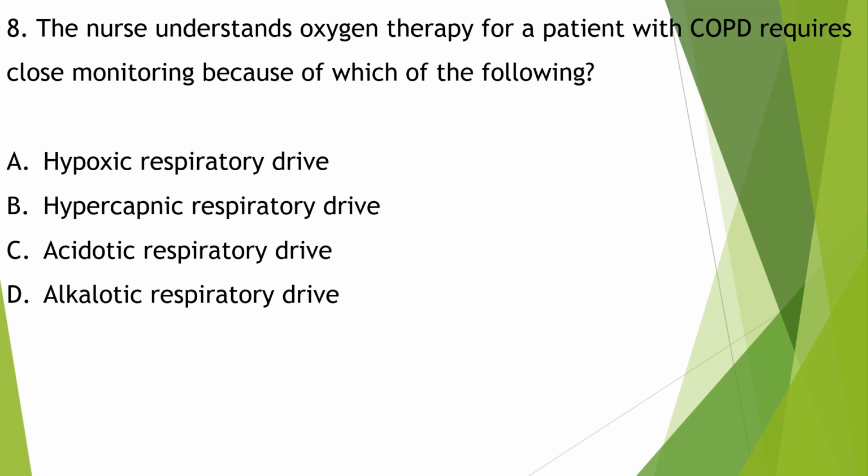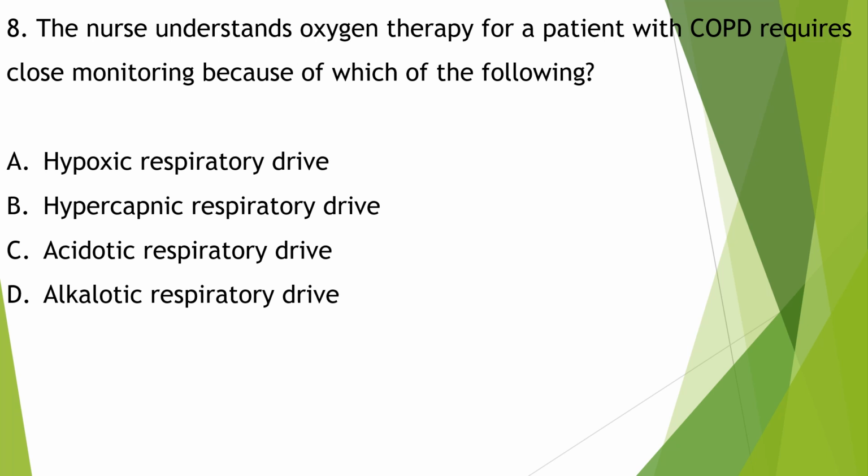But in a patient with COPD, the body's chemoreceptors become less sensitive to carbon dioxide because it is retained at a higher level. Over time, the patient with COPD develops a hypoxic drive to breathe. That means it is the lack of oxygen in the blood that causes the patient to breathe.